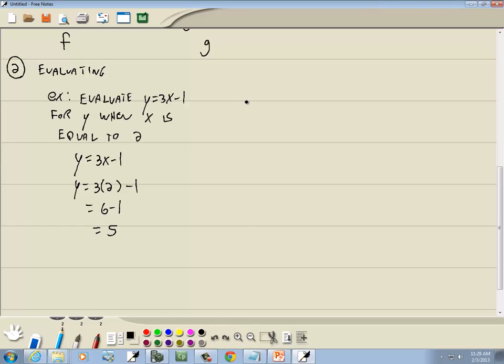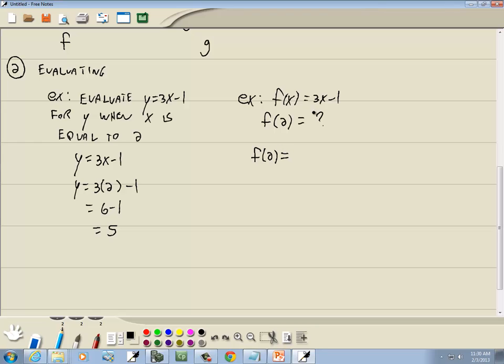Well, instead of writing it that way, we can write f of x is equal to 3x minus 1, and then we'll say f of 2 is equal to, and I'll put a question mark. Instead of writing all these words, this notation right here says exactly the same thing. To solve this, it's exactly the same steps.